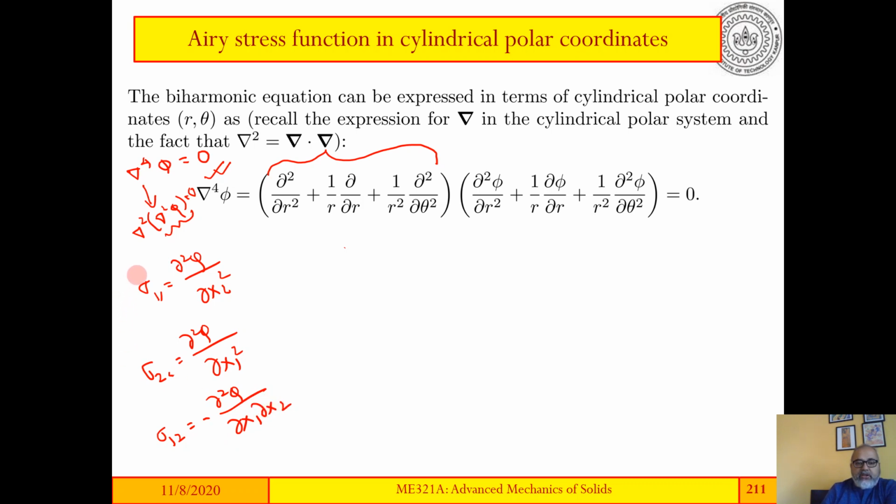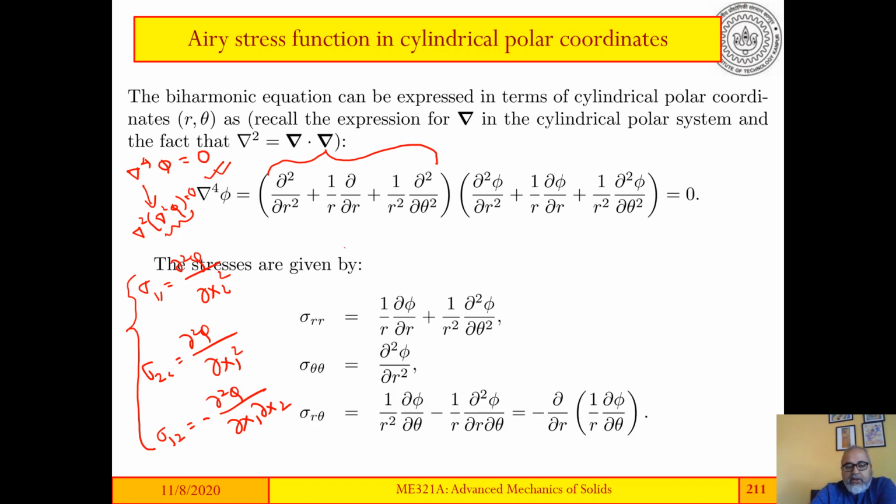So these were the stress and Airy stress function equations, and corresponding to this you have similar equations in your cylindrical polar coordinate system, only that now the stress components are called sigma rr, sigma theta theta, and sigma r theta. I hope you know what they are.